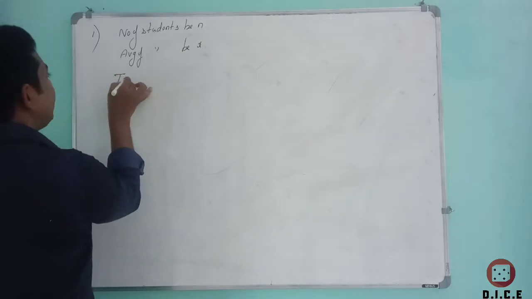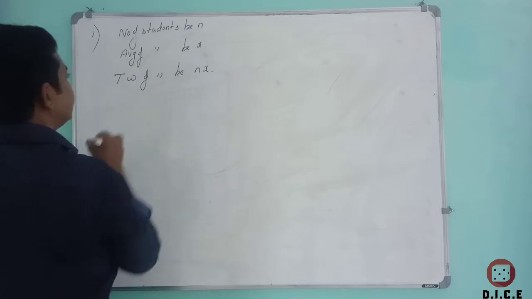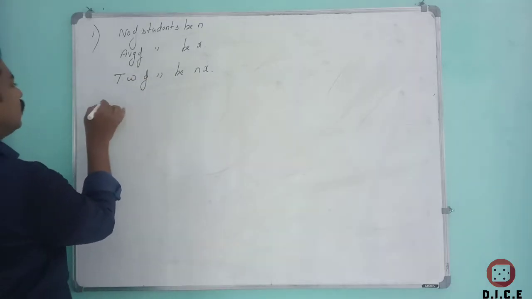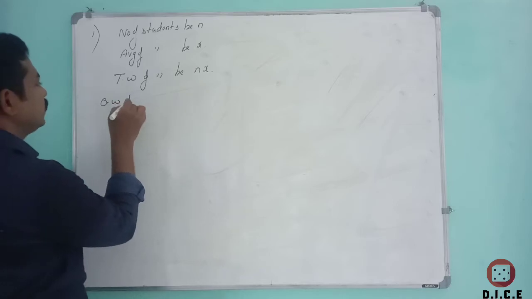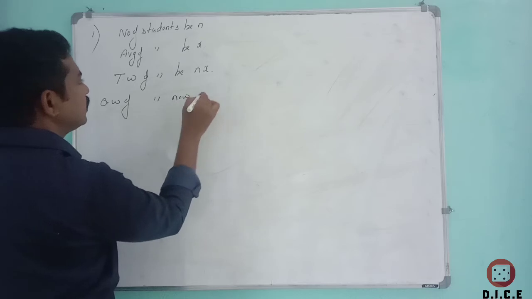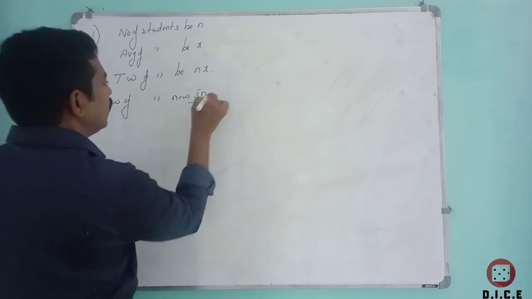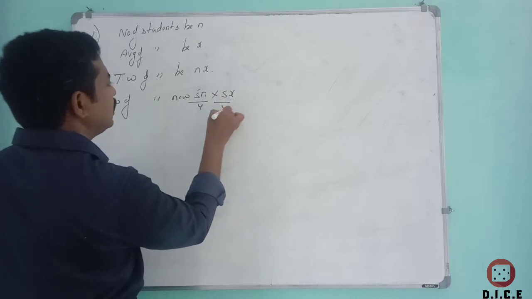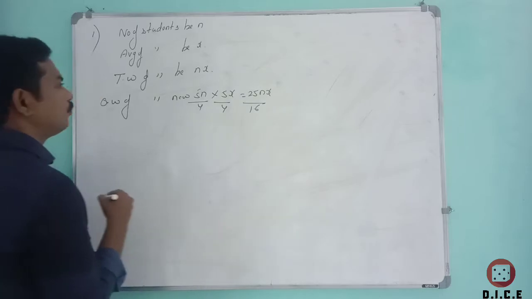Therefore, the total weight of the students is nx. Therefore, the new total weight of the students is given as 5n by 4 into 5x by 4, which is nothing but 25nx by 16.